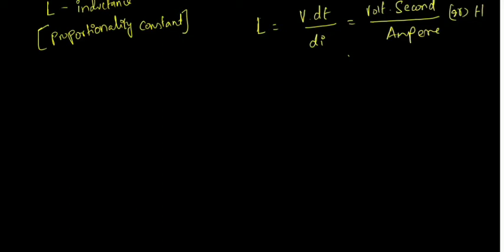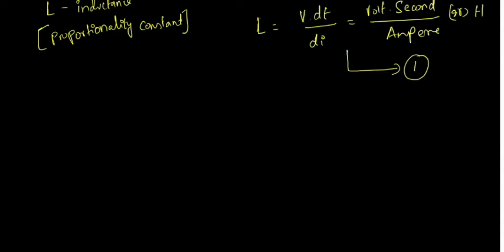From this equation, you can see that if an inductor induces a voltage of 1 volt when there is a current that is uniformly varying at the rate of 1 ampere per second, then it is said to have an inductance of 1 Henry.